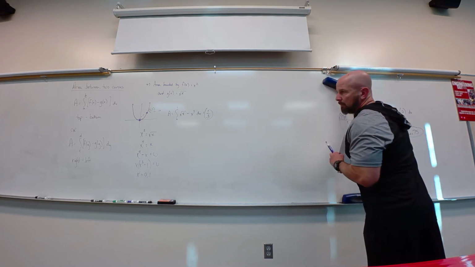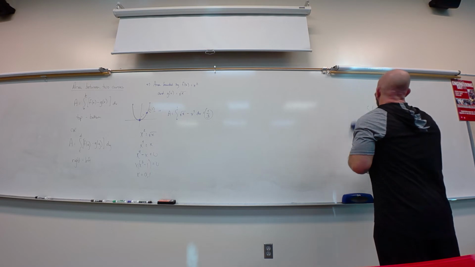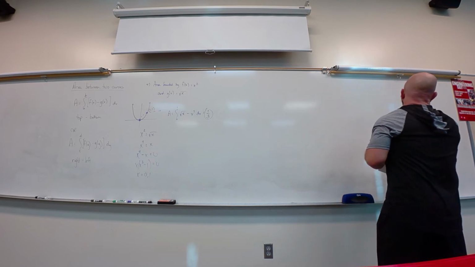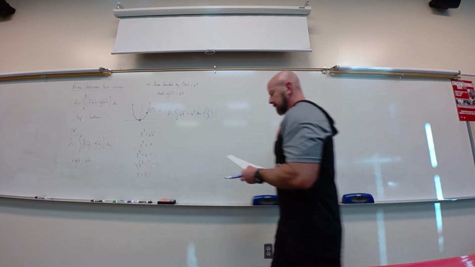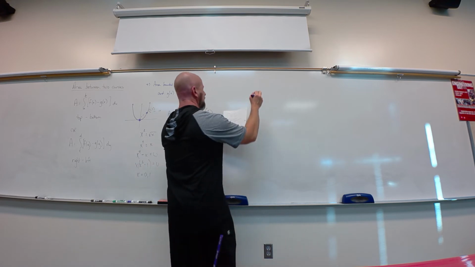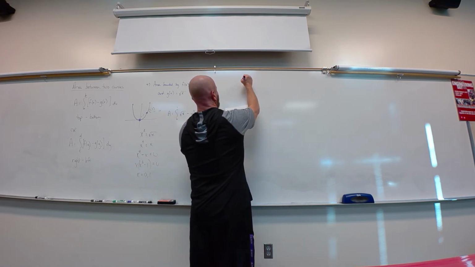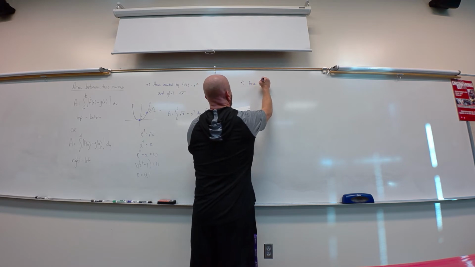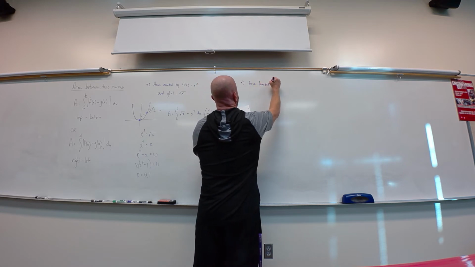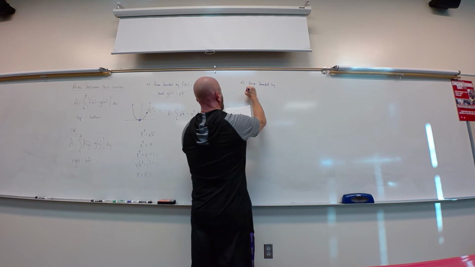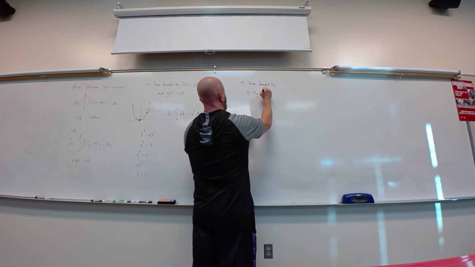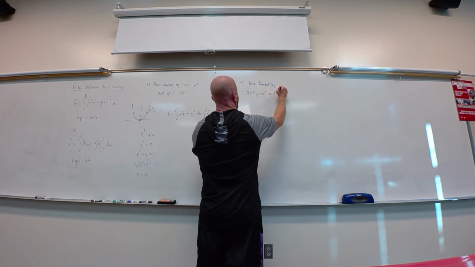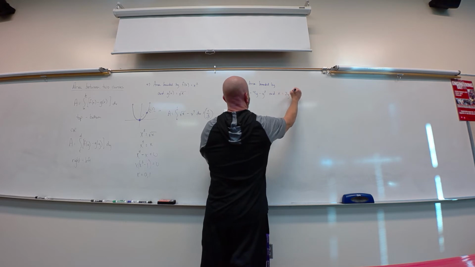All right, now I'm going to look at one that's going to be the right minus left. So if I have what we call a horizontal representation, if I said area bounded by x equals 4y minus y squared and x equals 2y minus 3.